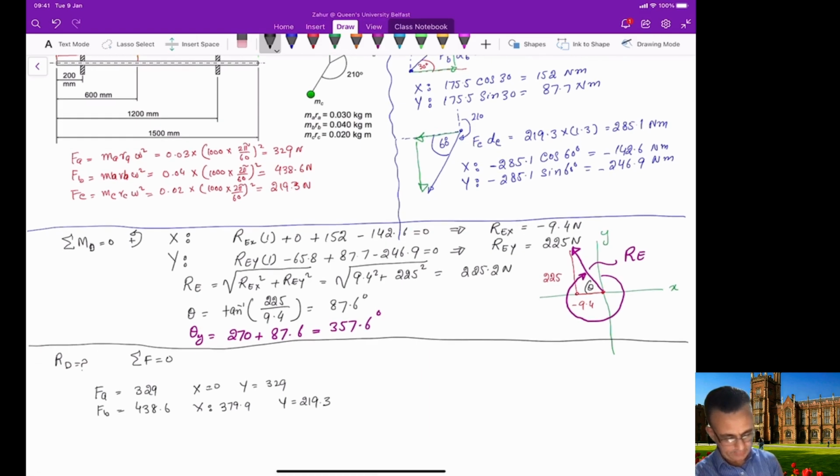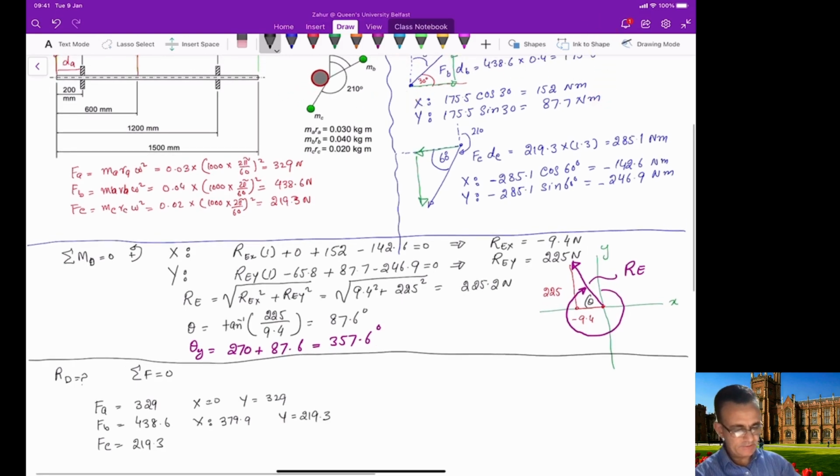And for FC, which is 219.3, and which is going to be along this direction here. In this case, it will have two components, one in this direction and one in this direction.